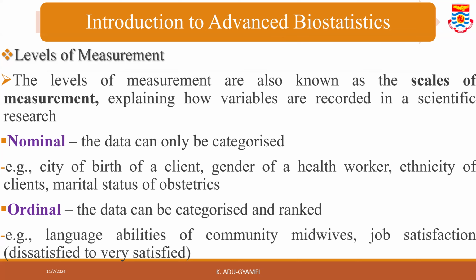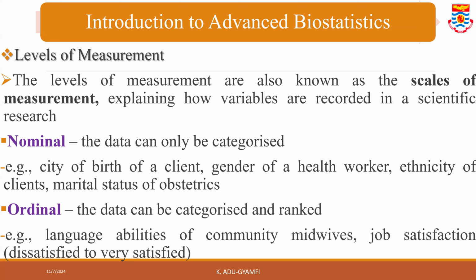So if you look at the examples I have here, language abilities of community midwives. They can be in different communities. Somebody speaks well, somebody understands the language. It implies this midwife, when you speak, doesn't understand you, while the other one can understand.